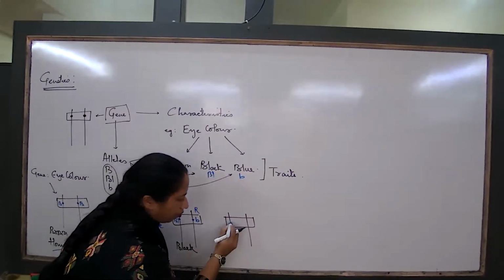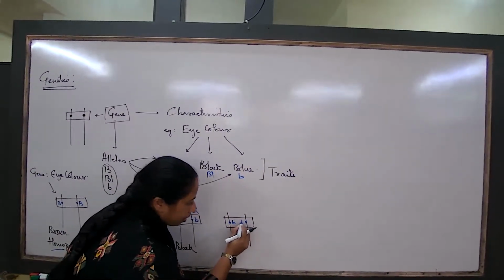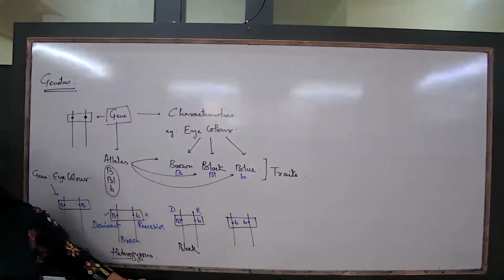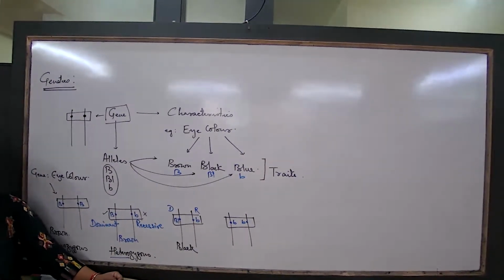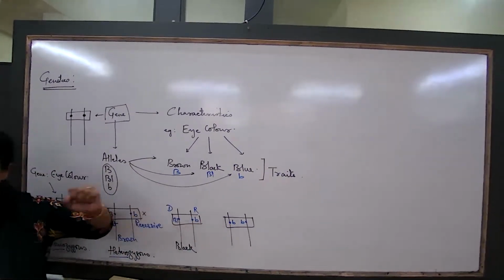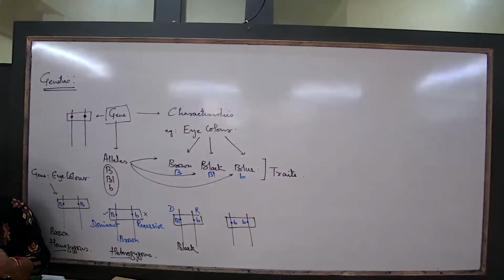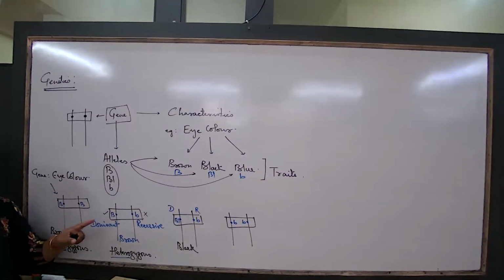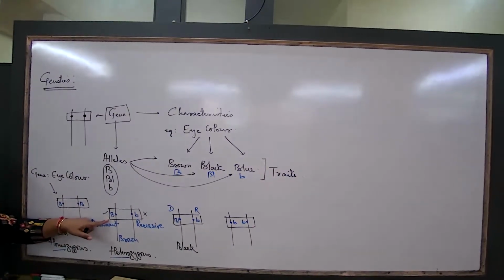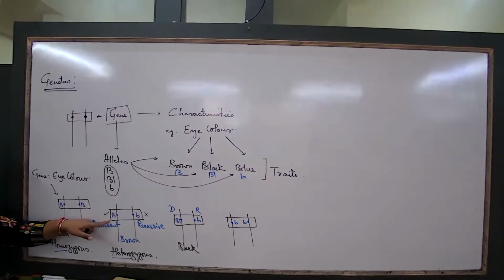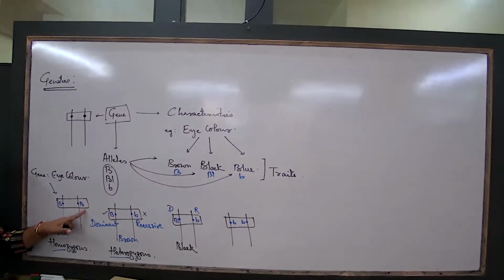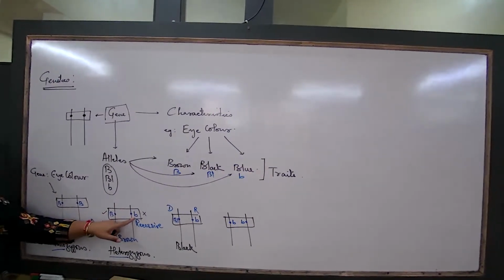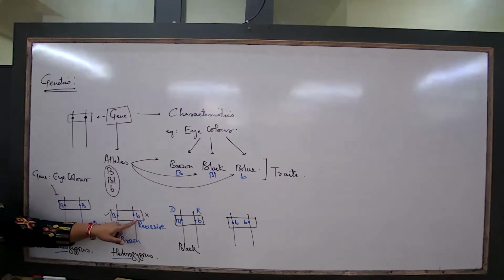When will a person have blue eye color? A person will have blue eye color only when the conditions are like this. But why am I writing blue with a small b? Why not capital B again here? Because capital B is an allele always expressing, whether it is together with the same allele or in presence of a contrasting allele.